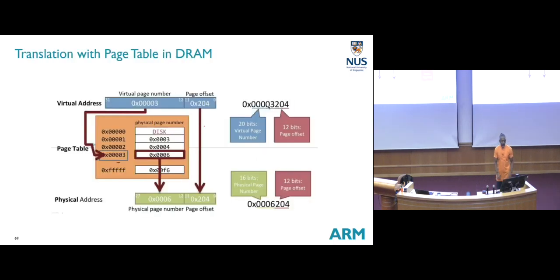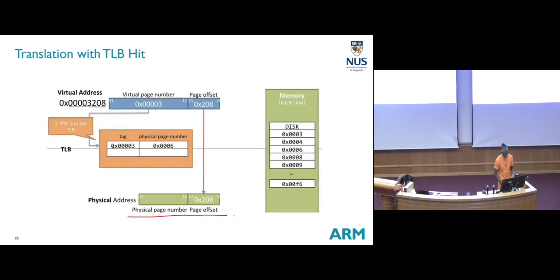Okay, so the behavior will still be the same. If I have my page table in the DRAM, what would I do? I would take the page number, point to a particular index in the page table entry, and from there I get the entire address, and then access the address. With the TLB it is the same thing.